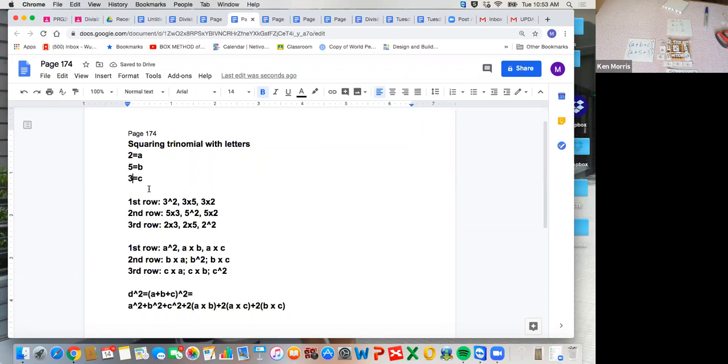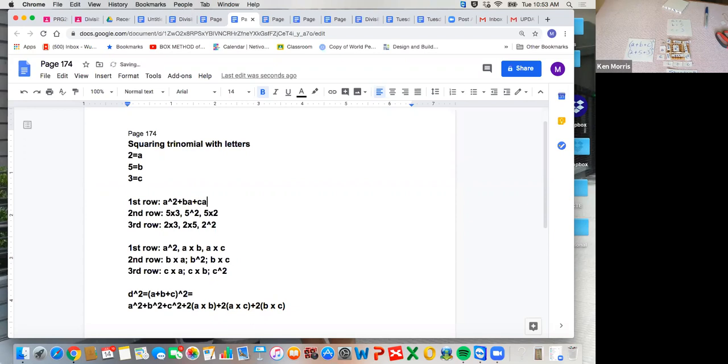So my first row, if I look at this, I'm going to start at the top. It's going to be a squared plus ba plus ca. I'm dropping the multiplication sign right now.